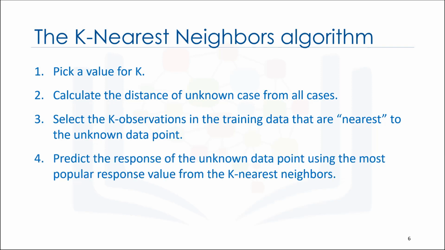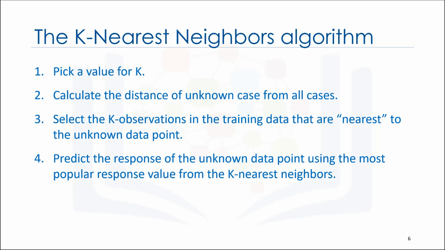And 4. Predict the response of the unknown data point using the most popular response value from the K-Nearest Neighbors. There are 2 parts in this algorithm that might be a bit confusing. First, how to select the correct k, and second, how to compute the similarity between cases, for example, among customers.